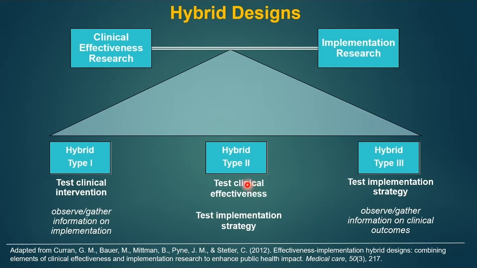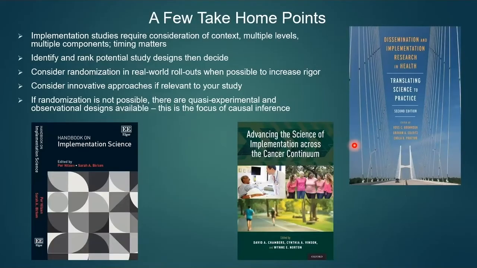At the same time, we're optimizing the implementation strategy. And I think that's a nice way to go. But you all can know that, say, within the National Institutes of Health in the United States, hybrid design type 3s are fully acceptable as fundable research designs as an implementation science approach of evidence-based interventions.